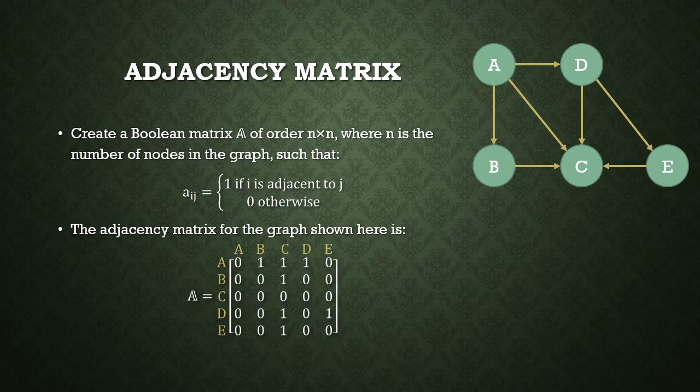So all entries of C are 0. From D, I can move to nodes C and E. So these two entries are 1 and the rest are 0. In the last row, there is only 1 because from E I can only move to C. As you can see, this matrix is Boolean.